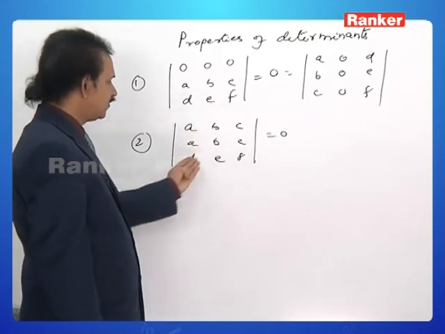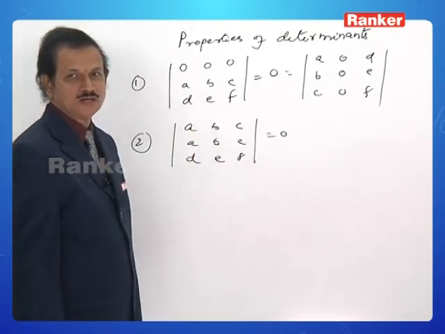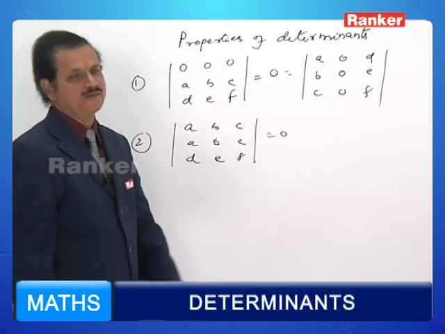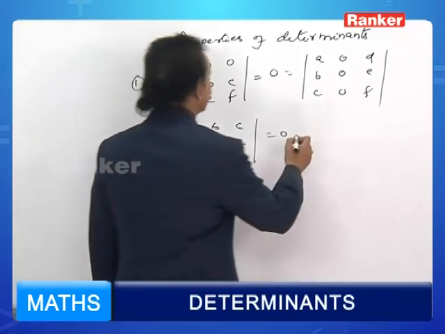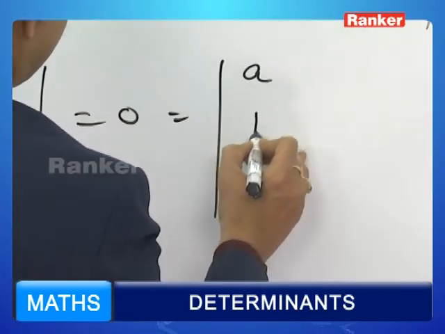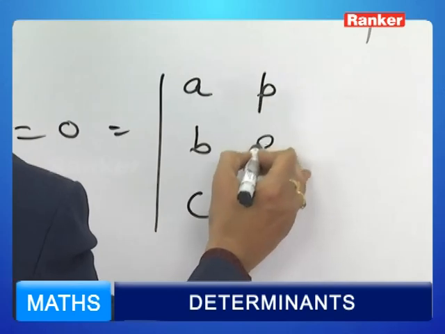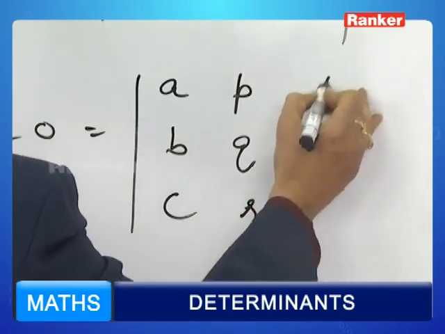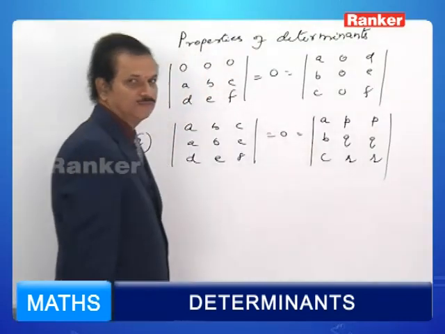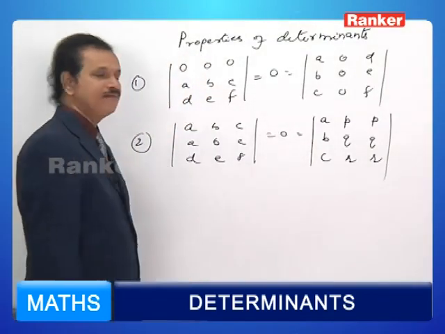Here the first row and second row have equal elements. It need not happen in the case of rows only. It may happen in the case of columns also. Look here. This is equal to A, B, C; P, Q, R; P, Q, R. This is also 0. One more thing.